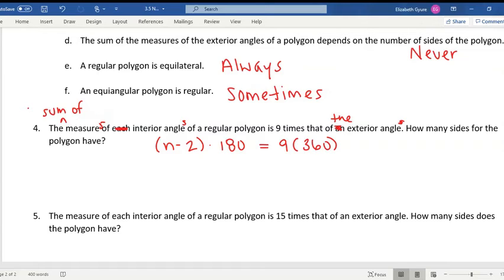Then we can simplify. There's a few different ways you could simplify this, but I'm going to distribute the 180. So I'm going to get 180n minus 360 equals, and then multiply your 9, 3,240.